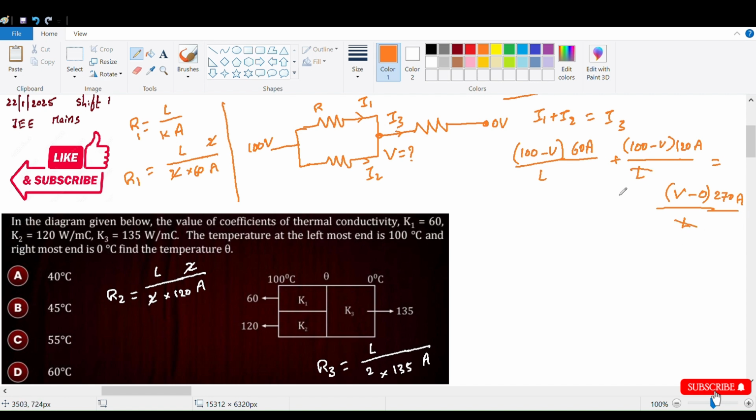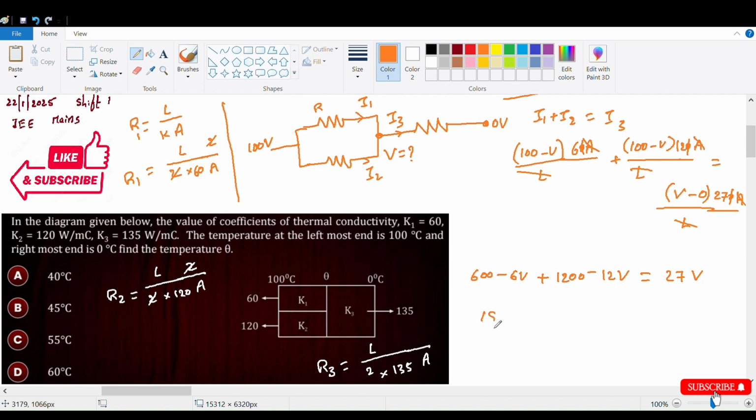So what is common there? You can cancel L, cancel A. Basically I am left with 600 minus 6V, plus 1200 minus 12V, is equal to 27V.